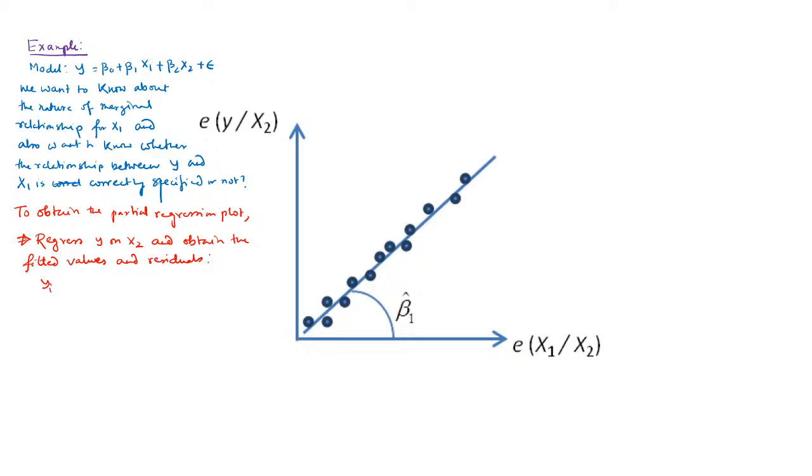That is yi hat given x2. This is just based on x2 only. So this is the fitted estimate with theta naught as the intercept term, and the corresponding residuals are just yi minus yi hat given x2, i from 1 to n. Suppose I used n observations.